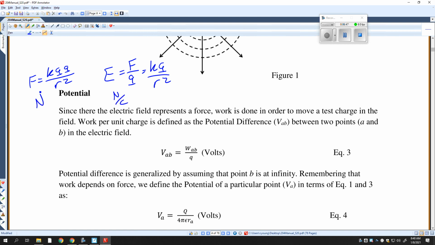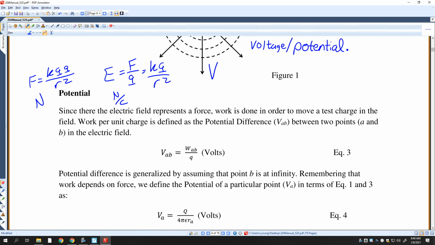The force is newtons. And now my voltage, or my potential, I'm going to use those words sort of interchangeably. We'll see later in a chapter that there is a little bit of difference, but my voltage or electric potential, this is a measure of energy per charge.